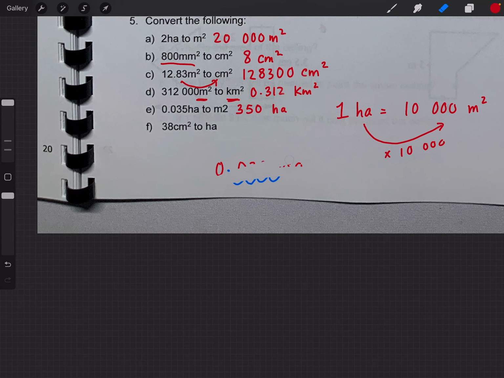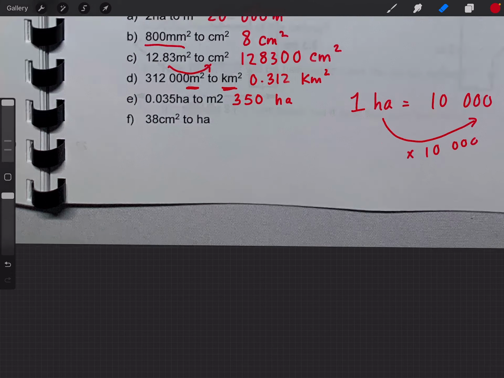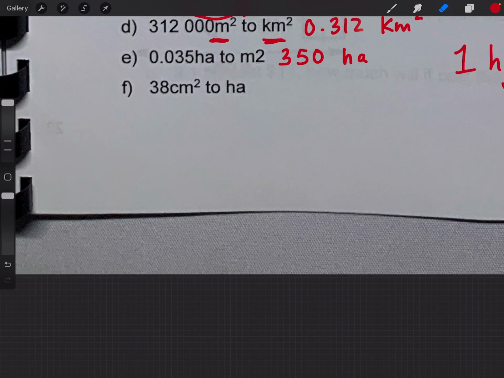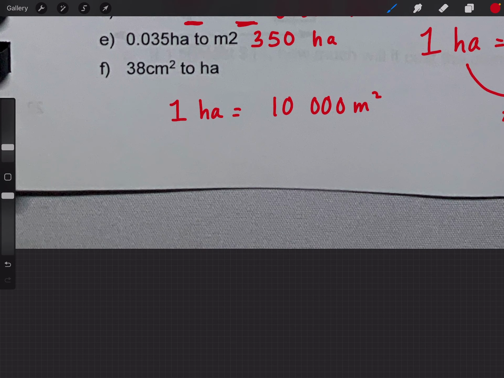Alright, last one. 38 centimeters squared to hectares. Oof. Okay. Now we know that 1 hectare is equal to 10,000 meters squared. And we know that 1 meter squared is equal to how many centimeters? Let me see. I think it was 10,000 as well.